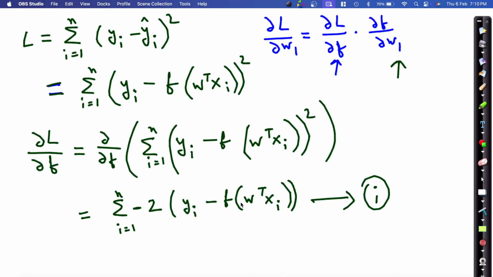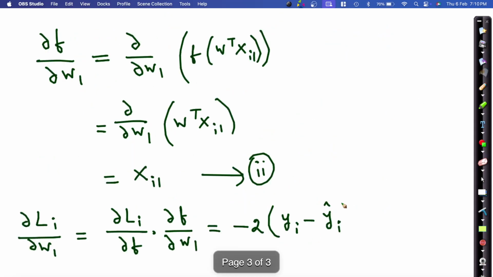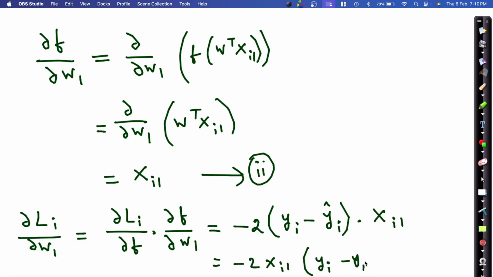This is nothing but yi cap, f of W transpose xi. That's what I am writing here: minus 2 of yi hat, multiplied by dou F by dou W1, which is nothing but xi1. So we can write it like this: minus 2 xi1 multiplied by yi minus yi hat. Okay, so this is for a single point.